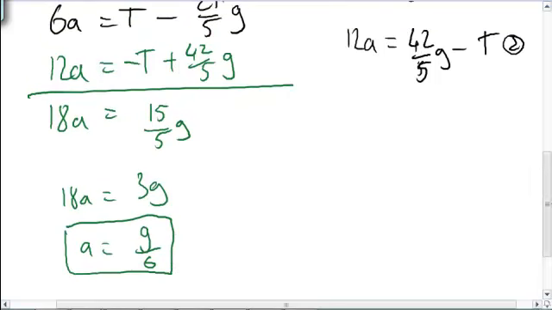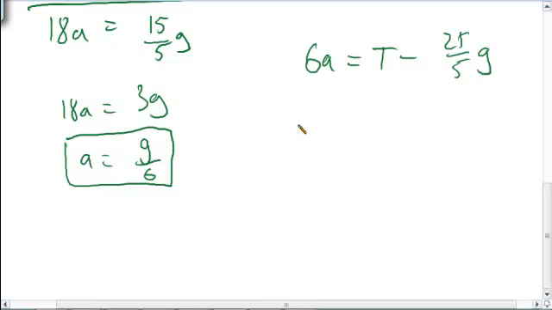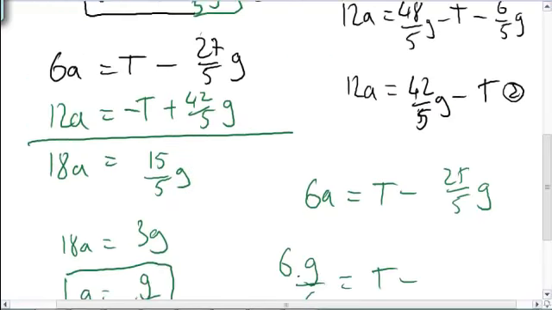So if we know what A is, then we can sub it into either of the two equations. I'll pick equation 1, which is 6A is equal to T minus 27 over 5G. Sub that in there. We have 6 times G over 6 is equal to T minus 25 over 5, which is just 5. Is that right?